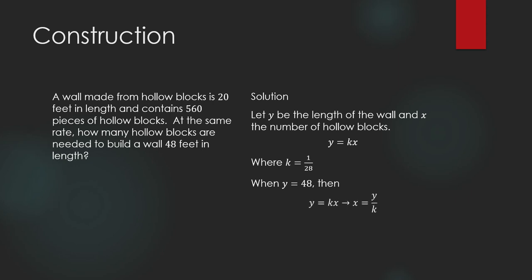So if y is equal to k times x, solving for x, x is equal to 48 over 1 over 28, and that is the same as 48 times 28, that is equal to 1,344 pieces of hollow blocks.